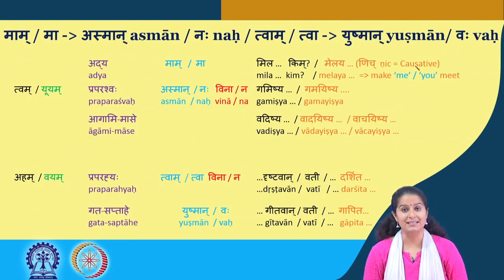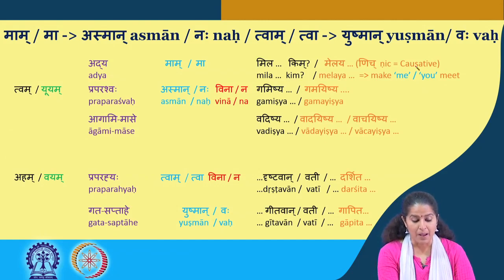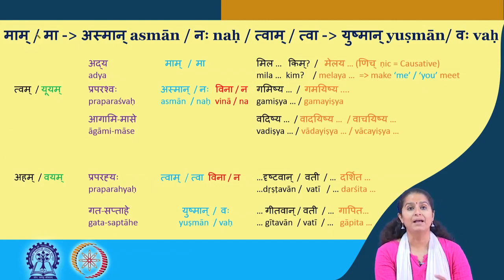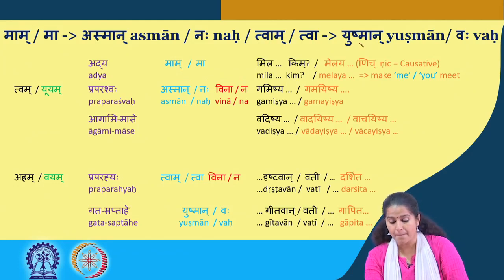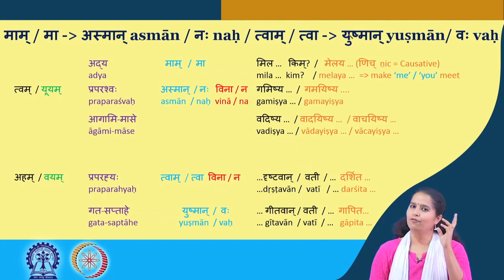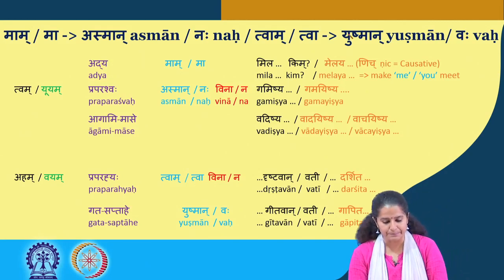Let's move on to the next case, the second case, and in this one we see that mam or ma becomes asman or naha, and for you, tvam or tva becomes yushman or vaha. If you can remember, we had seen these forms already in the conversation, so a little more practice with this.